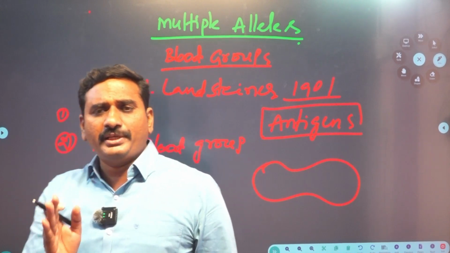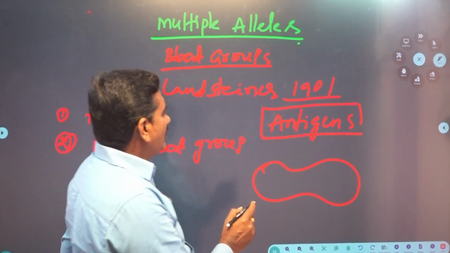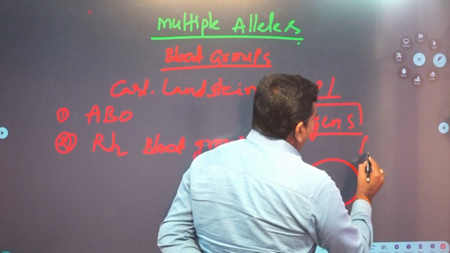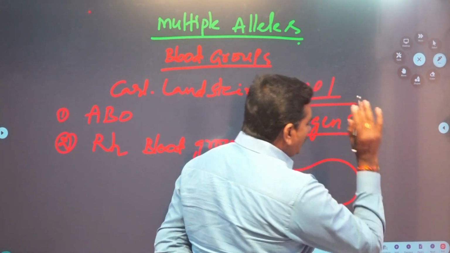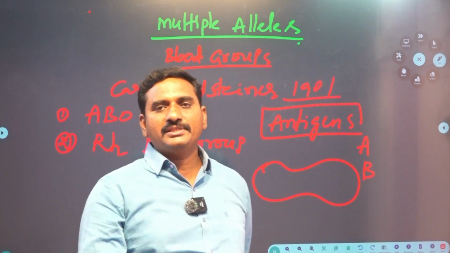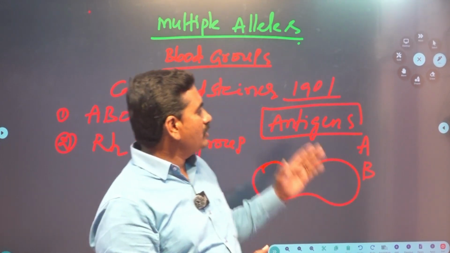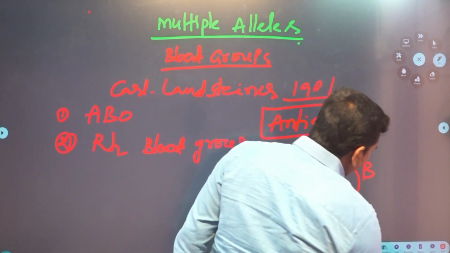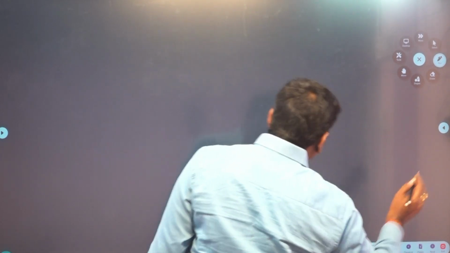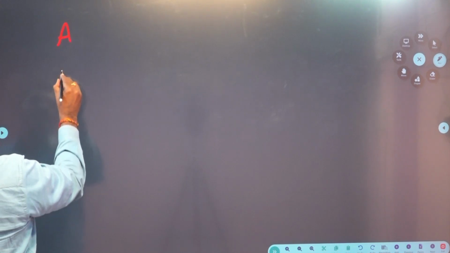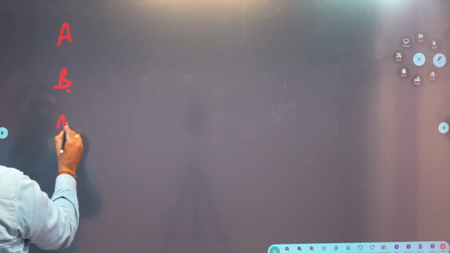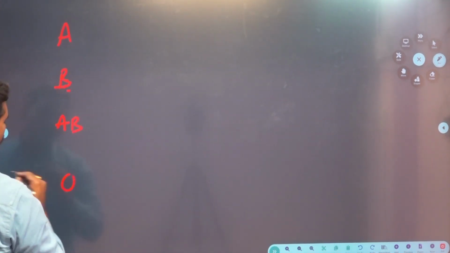If A type antigens are present, or B type antigens are present, or no antigens, based on the presence and absence of the antigens, there are four types: A blood group, B blood group, AB blood group and O blood group.